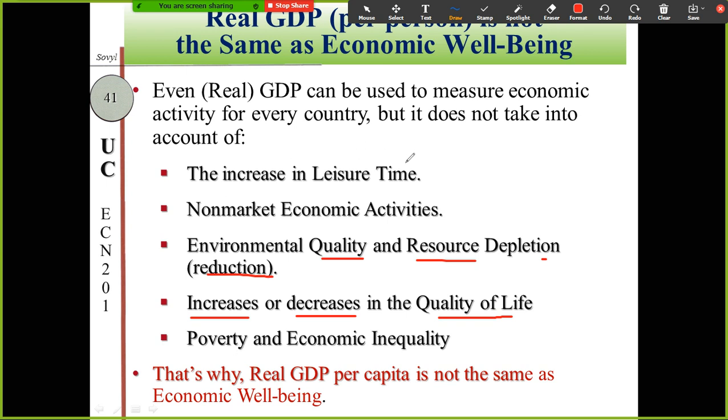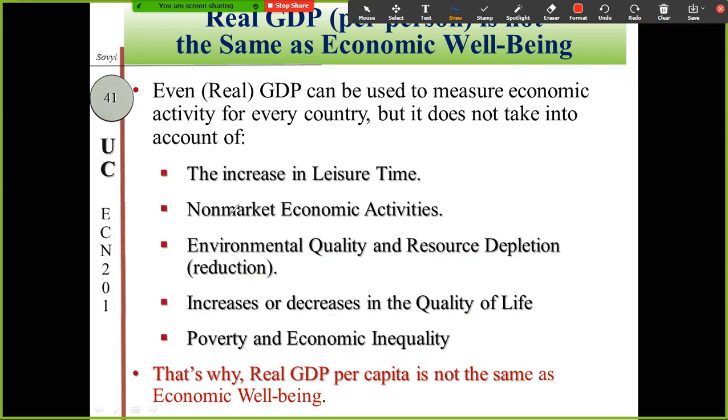Real GDP per person does not take into account poverty and economic inequality. Because of these five reasons, real GDP per capita is not the same thing as economic well-being.